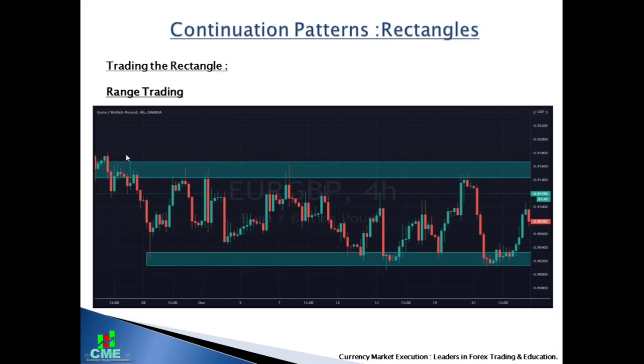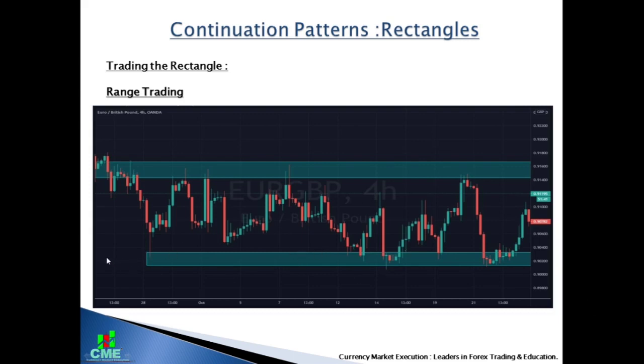Basically what's happening here, you can see the market was trading downward. It got stuck here in a range where it created a resistance zone and a support region. Understand that these are not lines. That's why I made the box a bit thick, to show you that this is not just a line.